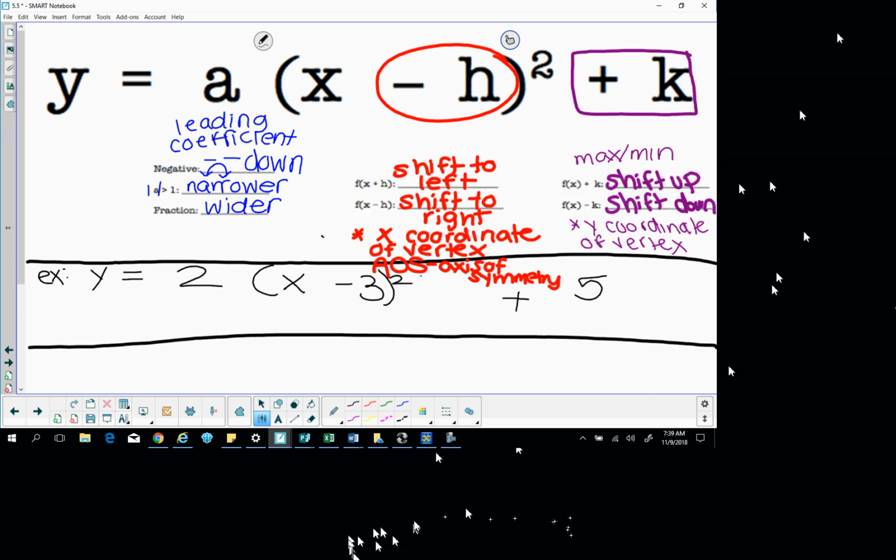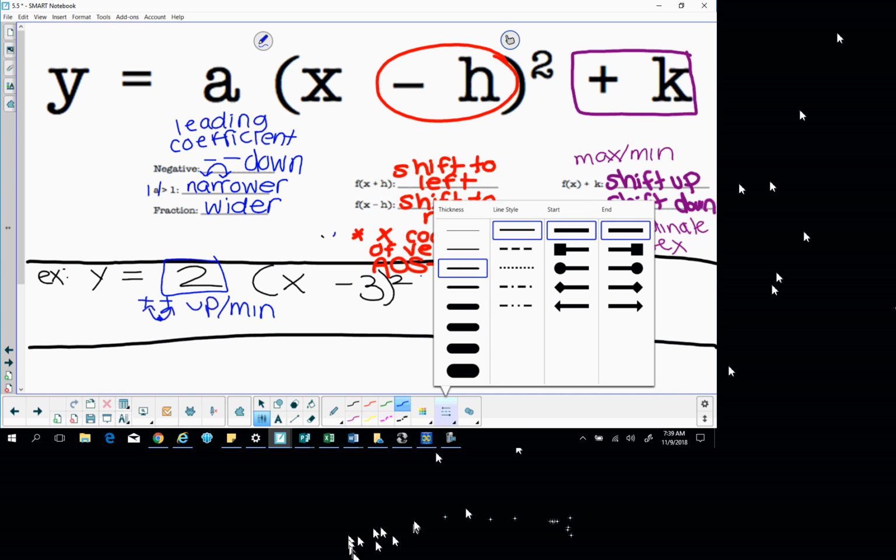So let's break this down. First of all, is this a positive Patricia or a negative Nancy? Positive Patricia, right? So we know it's going to be going up. If it's going up, is there going to be a min or a max? Min, right? So we know that this is going to be our min.